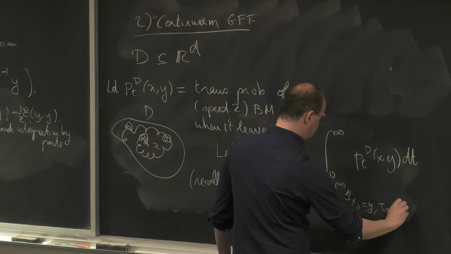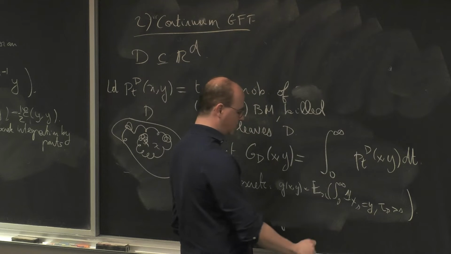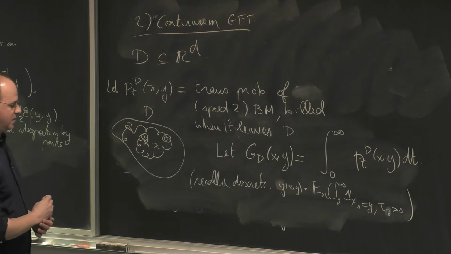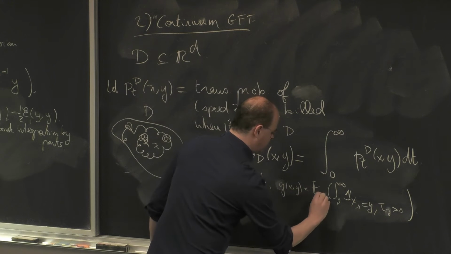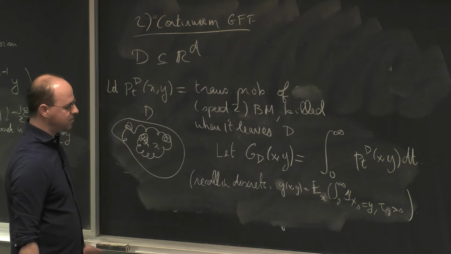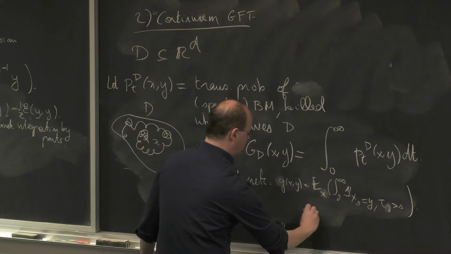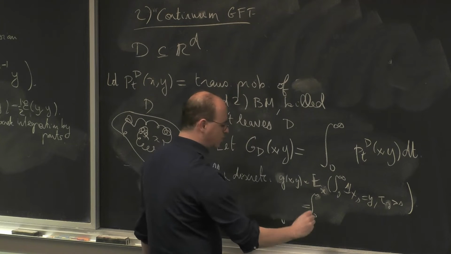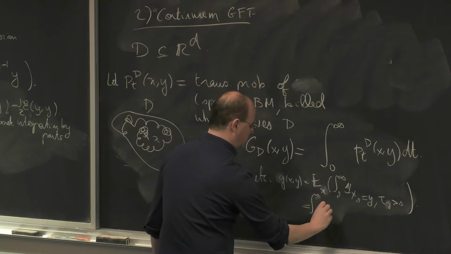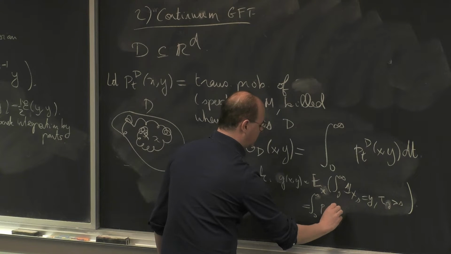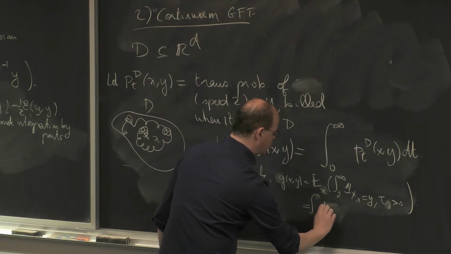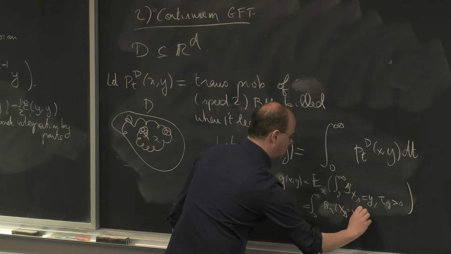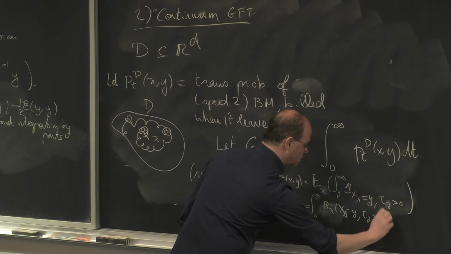So maybe I write it like that. And if I apply Fubini, you see that one way to say it is that it's also the integral of the transition probability p_s(x,y), simply the probability that X_s is y and we have not touched the boundary yet.